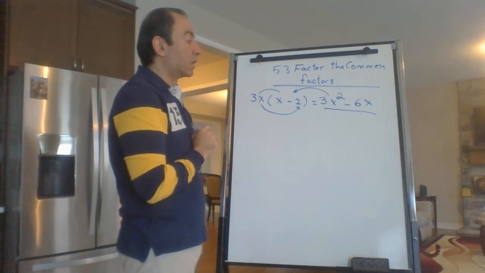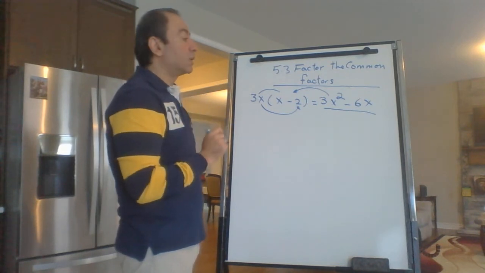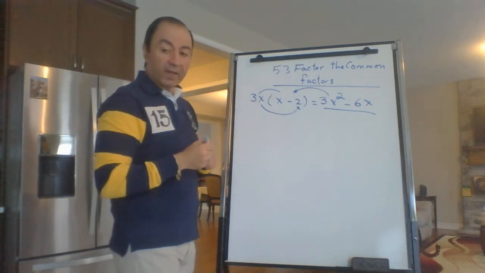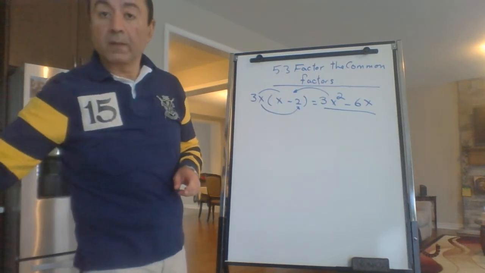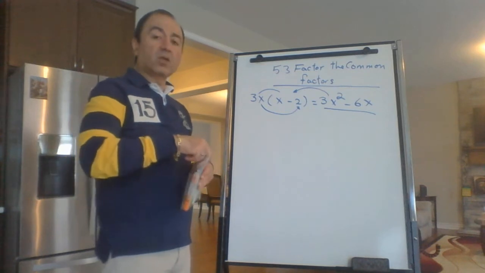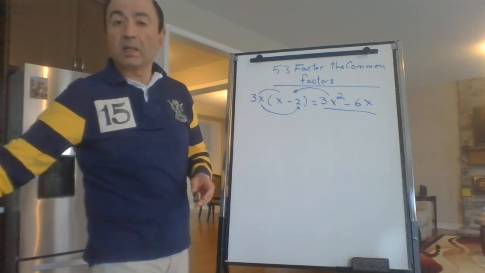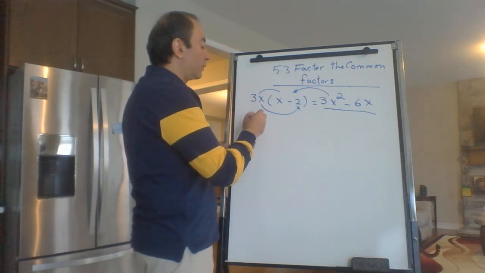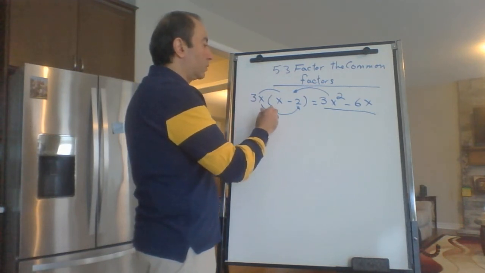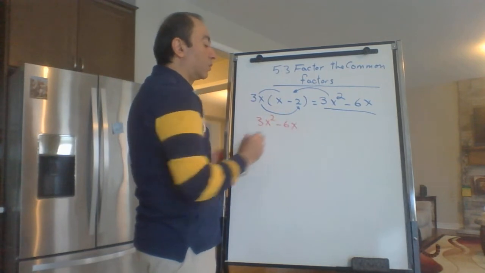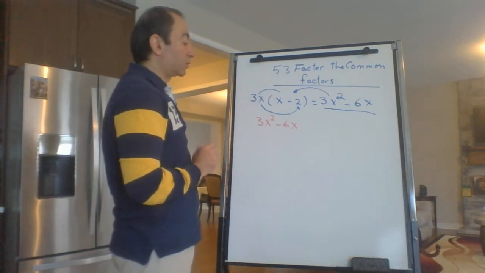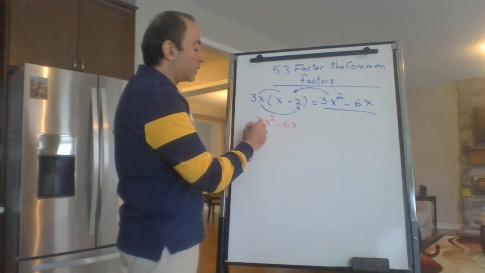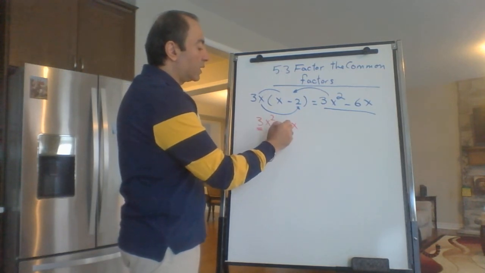So the first thing we need to know is when we factor the common factors, we are looking for the highest common divisor among the two terms. So for example, if I have 3x squared minus 6x and I want to factor the common factors, I want to see what is the highest common divisor for 3 and 6.